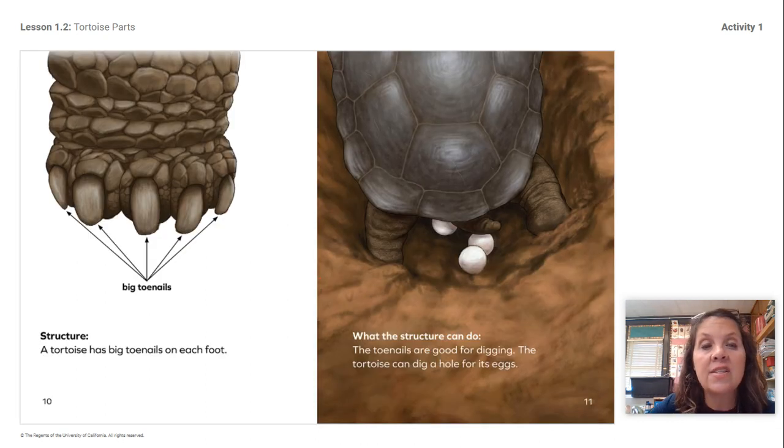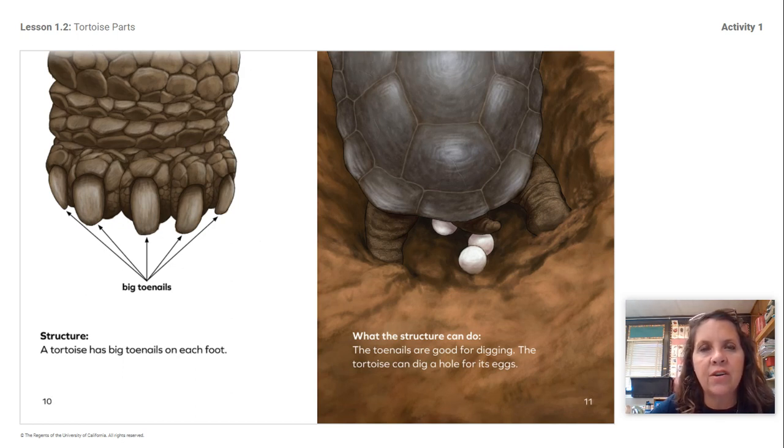Structure. A tortoise has big toenails on each foot. Here's the label, and the arrows are pointing to the big toenails. Now, the words don't tell us this, but the illustration does: how many toes does a tortoise have? Count them up.